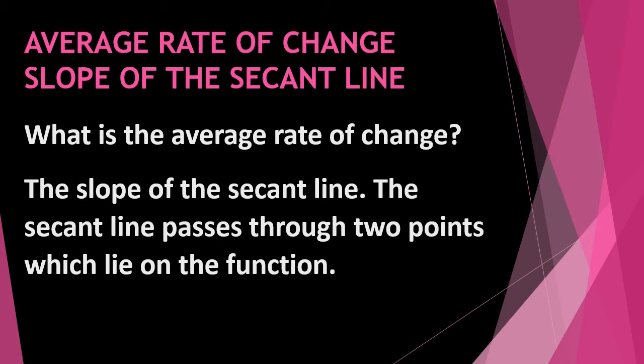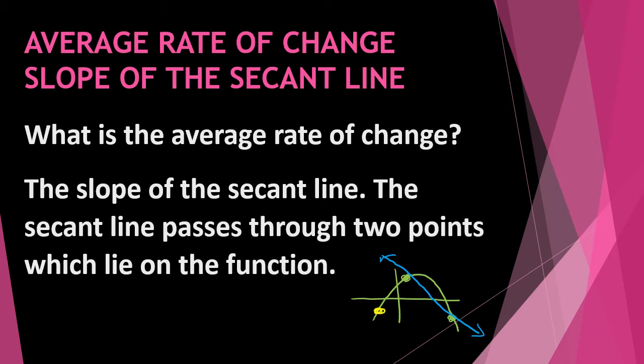So, for example, if we graph a parabola, and maybe we have some concave down parabola, and I pick any 2 points on my parabola, the line that goes through these 2 points will be your secant line. Now, that's not the only secant line.